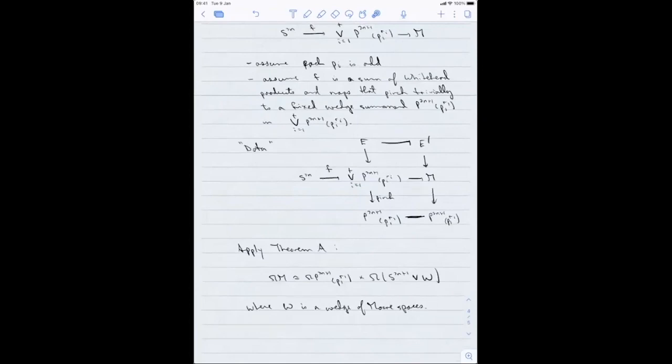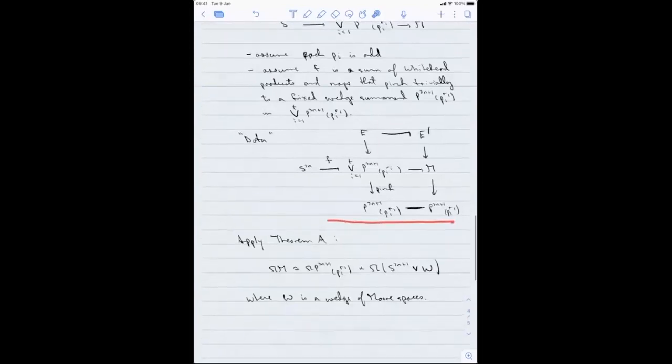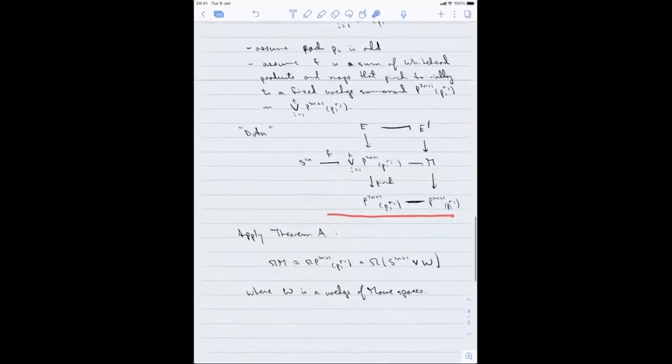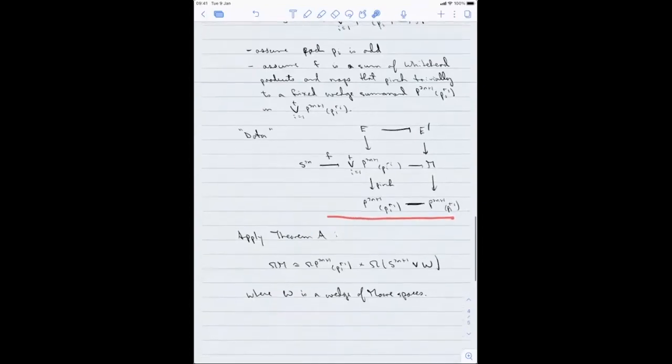We can't resort to using our favorite corollary C, so we have to go back to the main theorem from which it came, theorem A, and look at this larger context and try to extract information out of it. And it turns out you can do so provided you have enough conditions on the attaching map.